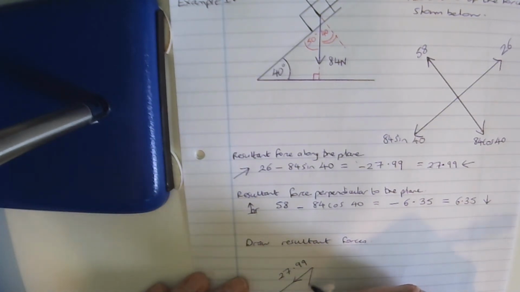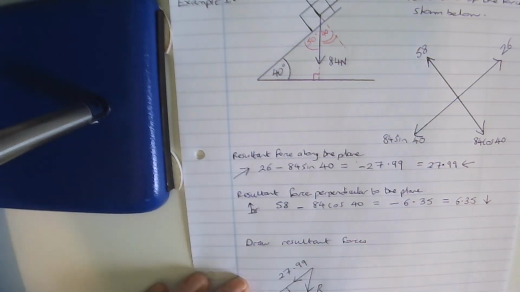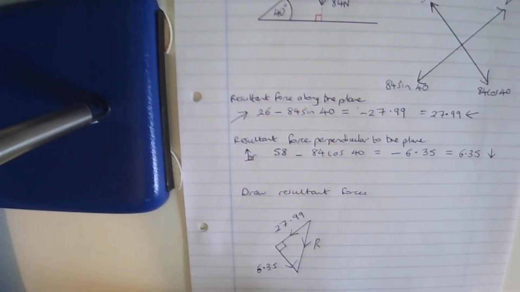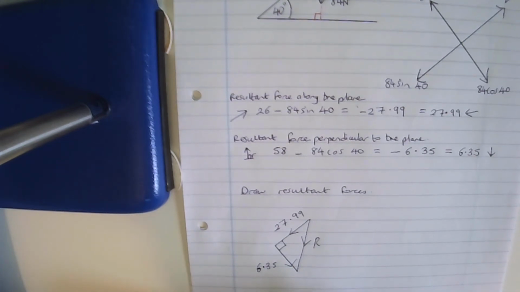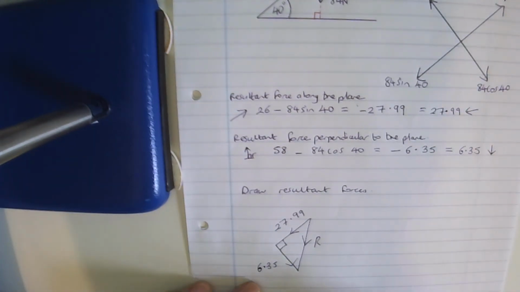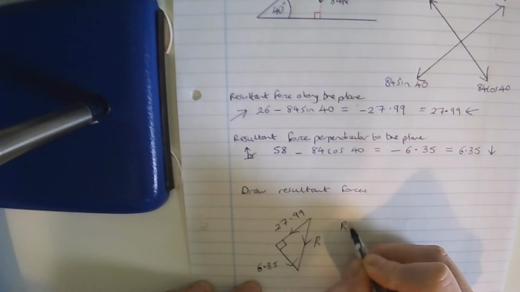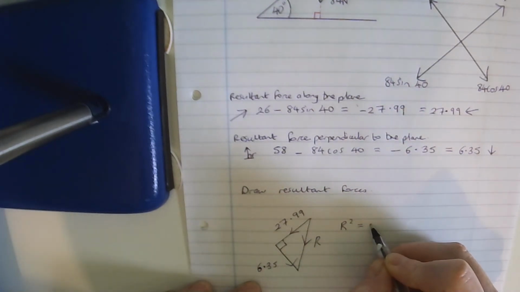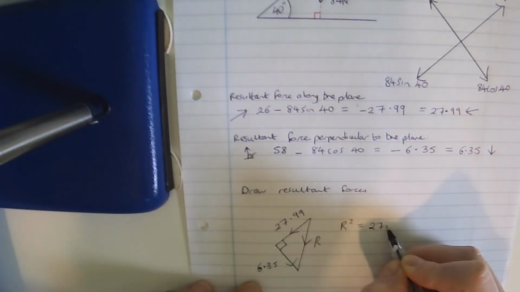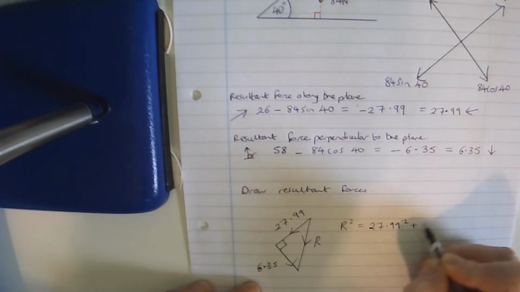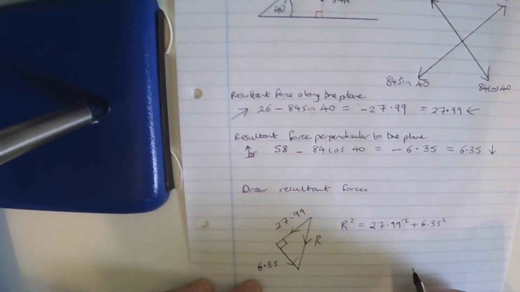Go back to the start and draw our resultant force of this, and that is marked in as a right angle. Whoops, move that up for you there, sorry. Mark that in as a right angle, and now all we have to find is this resultant force. So we're going to use Pythagoras theorem. R squared is 27.99 squared plus 6.35 squared.